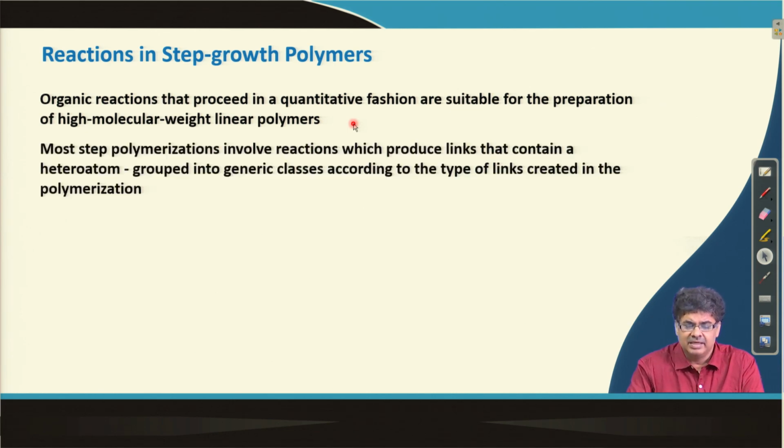And most step polymerizations involve reactions which produce links that contain heteroatoms like oxygen, and that is the reason these polymers are grouped as general classes that we discussed during nomenclature, like polyester, polycarbonate, polyamides and so on.